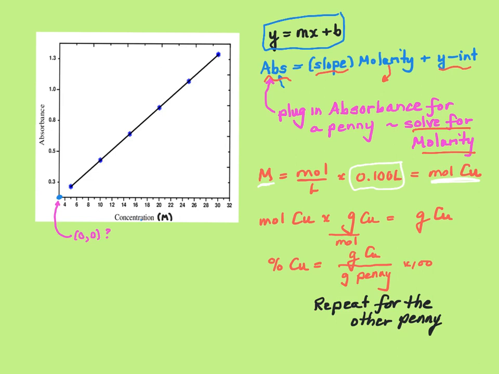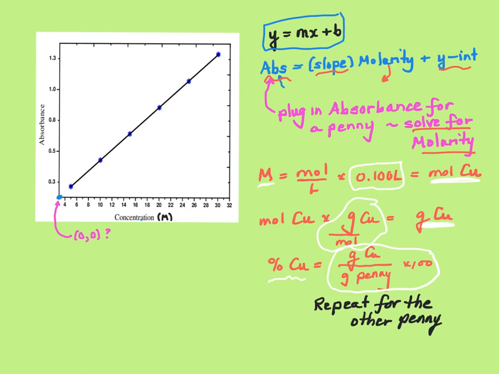This tells you how many moles of copper were in your penny. Multiply that by the molar mass of copper, and it tells you how many grams of copper were in your penny. Then you can do part over whole and find the percentage of copper in your penny. Then you repeat it for the other penny, so we'll be able to find the percentage of copper in a new penny and an old penny.